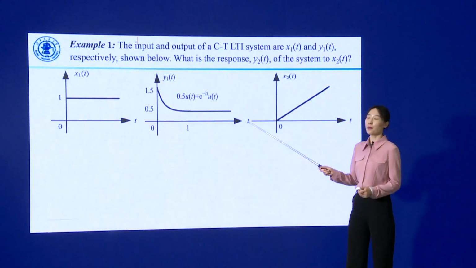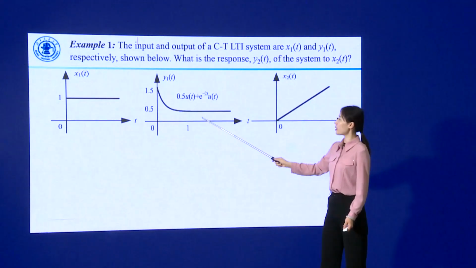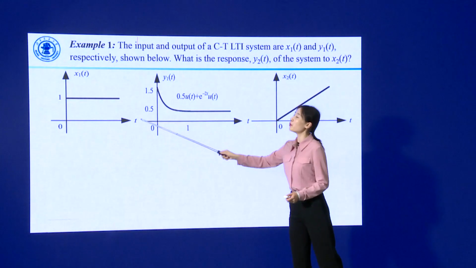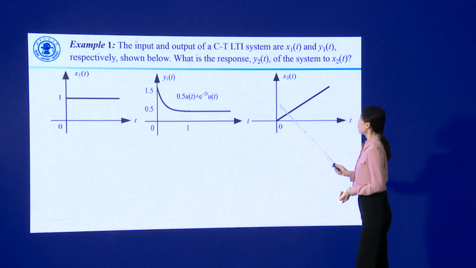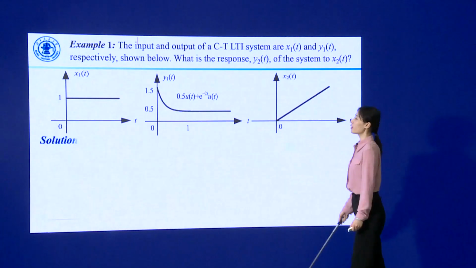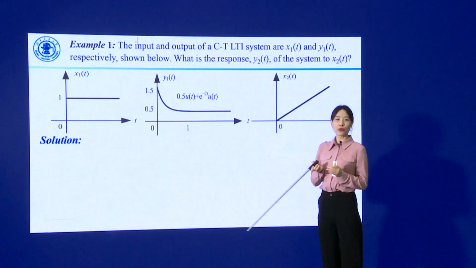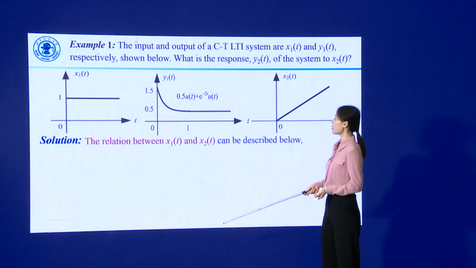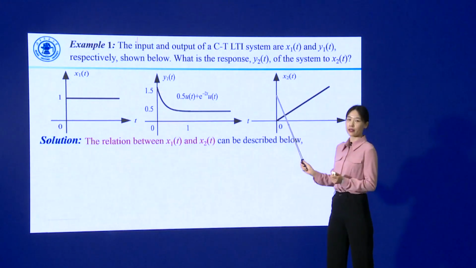Here is one example. Given s1(t), and here is the output for this input. Now let's determine what is the output for this s2(t). Here is the solution. For this question, we should first find the relation between s1(t) and s2(t).